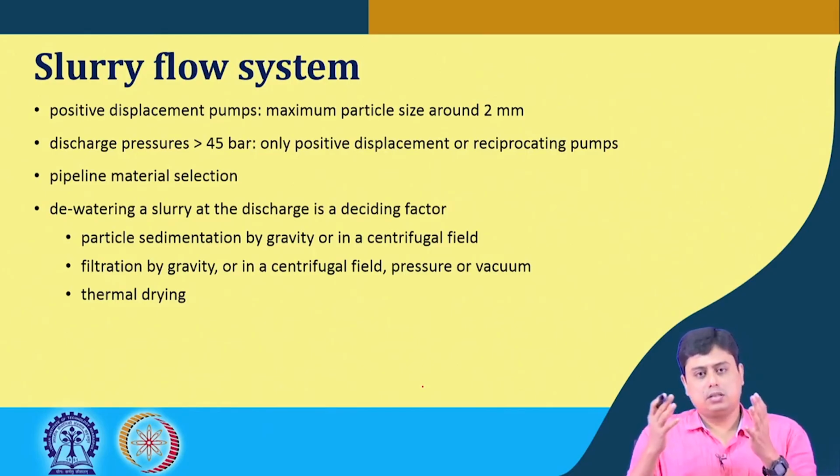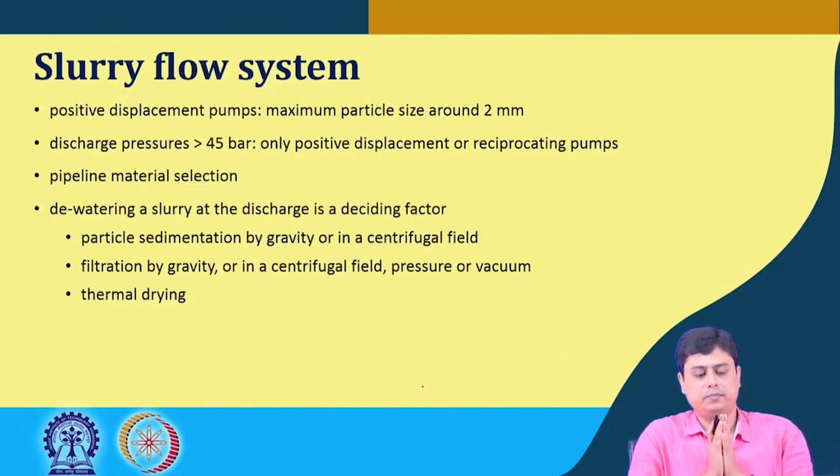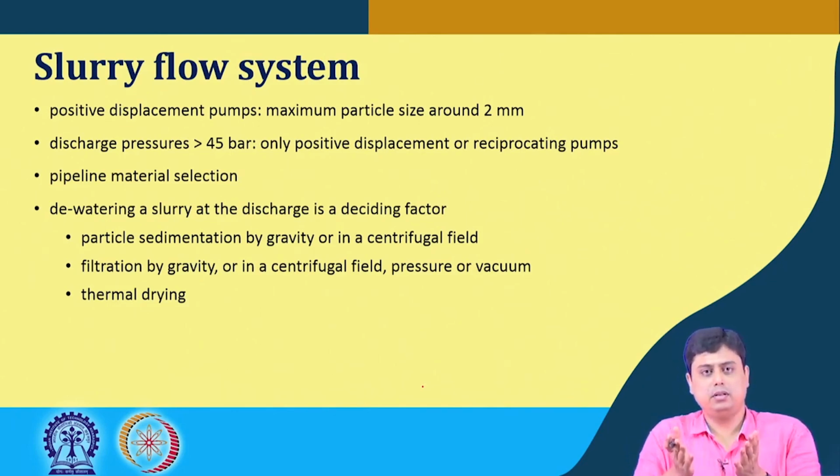So, say the slurry transport is happening, now comes the dewatering step. Now, how is the dewatering done? These are done typically in the three processes mentioned here. One is particle sedimentation by gravity or in a centrifugal field. This we have seen in our previous classes.